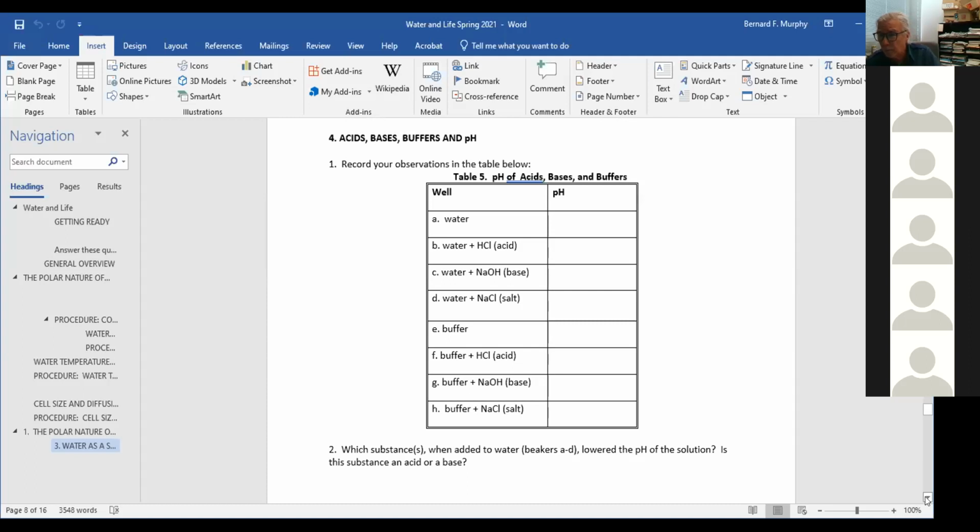Oh, you have to just say up or down. Down. Down, down. And then C, water and sodium hydroxide, up. That's a base. So you could say it gets higher or gets lower. It goes up or goes down.